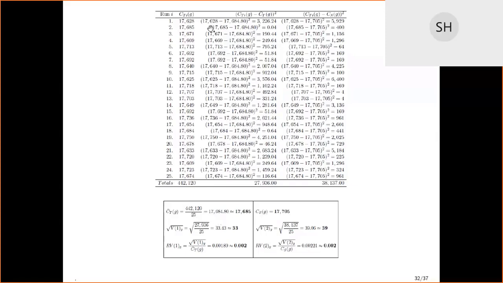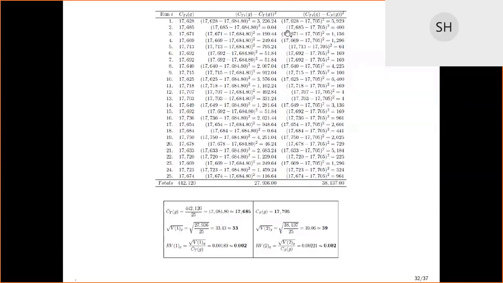So what we do is we simply look at the difference of this run minus the average of the runs, and square that. The difference between the second run minus the average, square that difference. So this is looking at variability among the 25 runs themselves. In this next column, we look at how this count, 17,628, compares with the swapping count.